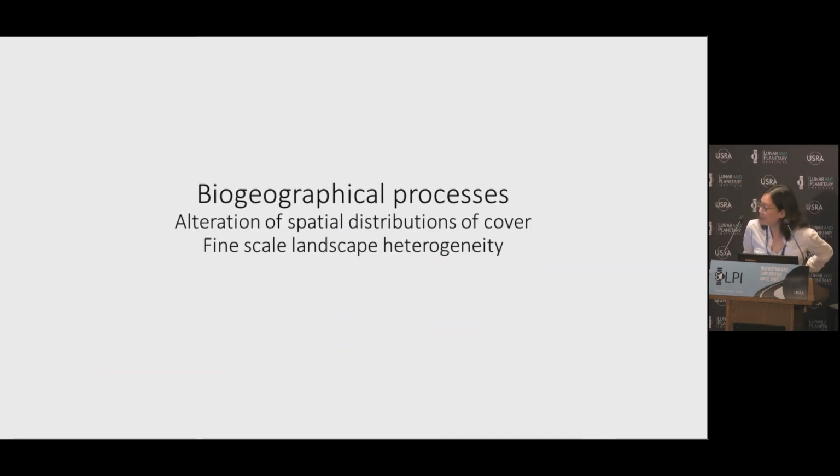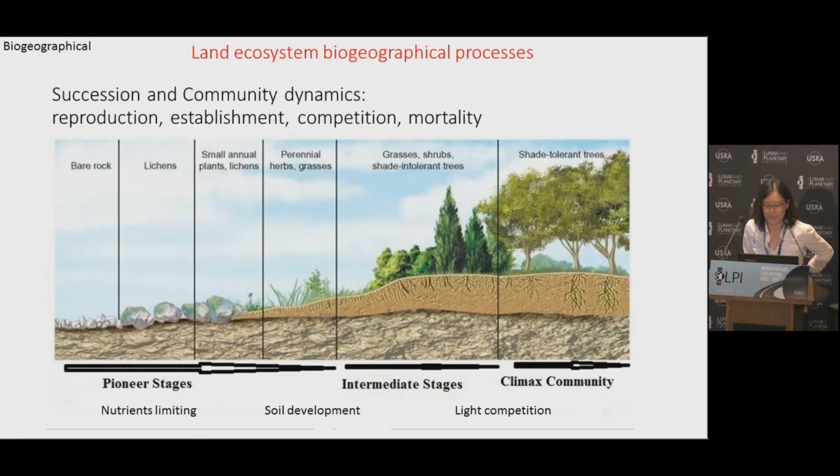So biogeographical or ecological processes also control the distribution of different vegetation cover types.